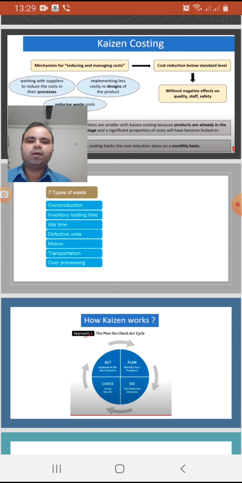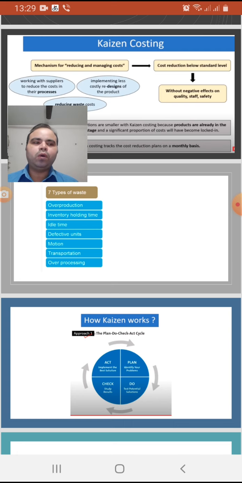So, when it comes to reducing waste, what do we mean by reducing waste? They have identified 7 different types of waste. One is overproduction. Sometimes due to overproduction, cost goes up. So they try to identify the overproduction and eliminate that from the process. Inventory holding time should be reduced to eliminate waste.